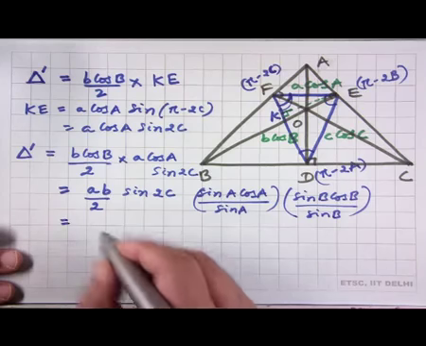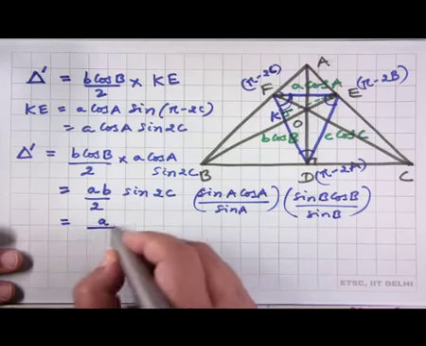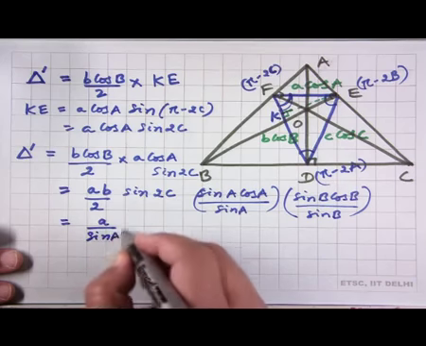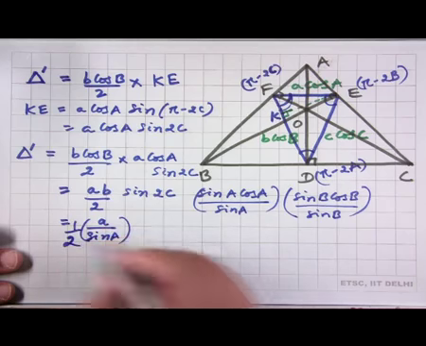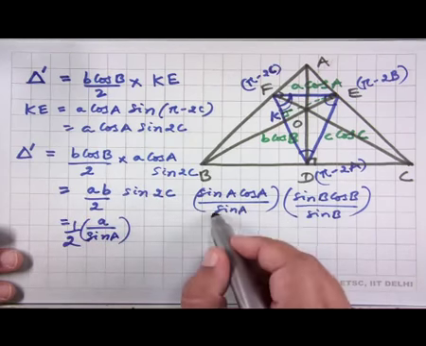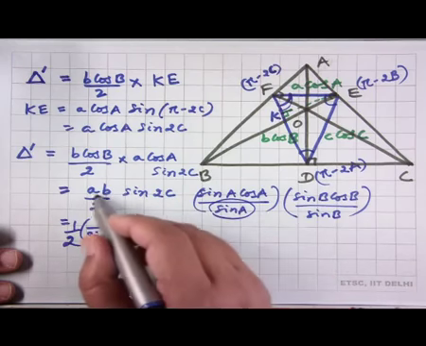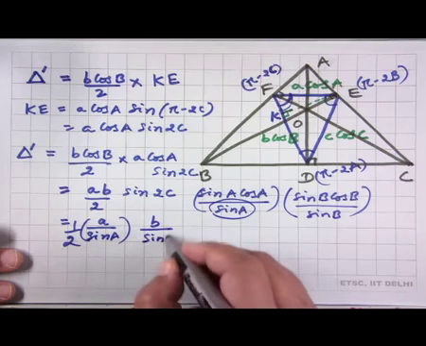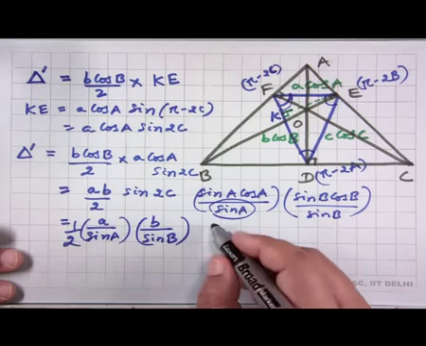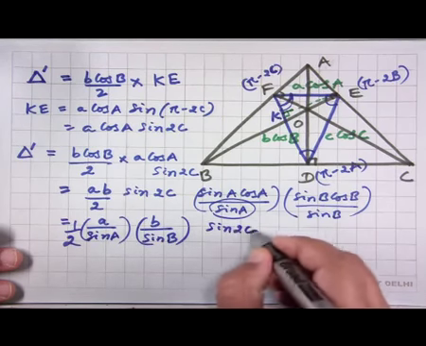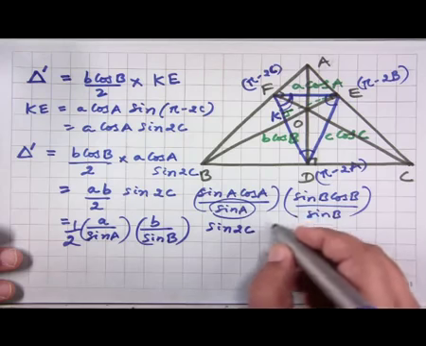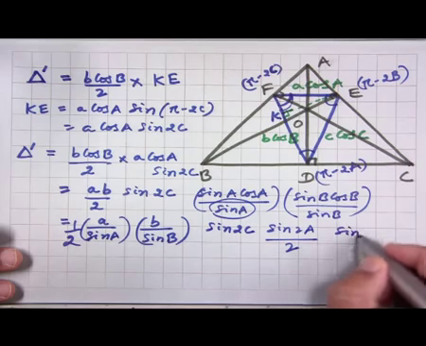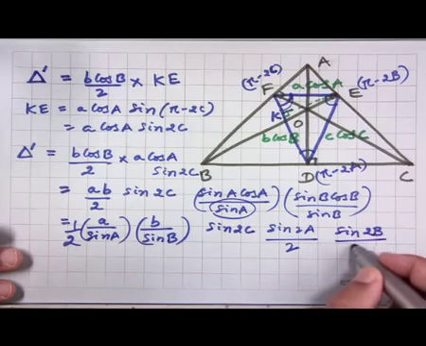This can be written as a by sine A. So, we already have a half here. So, a by sine A, so we bring this sine A as a denominator to this a over here, times b by sine B times sine 2C, but this thing in the numerator here is sine 2A over 2 and this is sine 2B over 2.